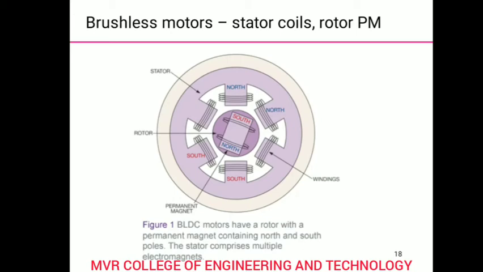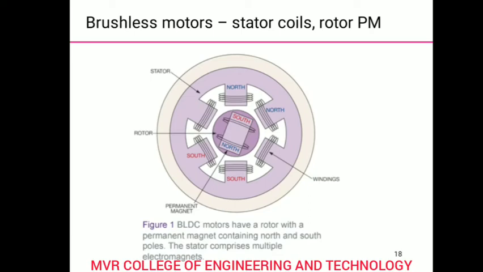In the PM DC motor, the stator has permanent magnets and the rotor has a winding. In the brushless DC motor, the stator has a winding and the rotor acts as a permanent magnet. Here you can see the stator has the field winding, and the rotor is made up of permanent magnet.